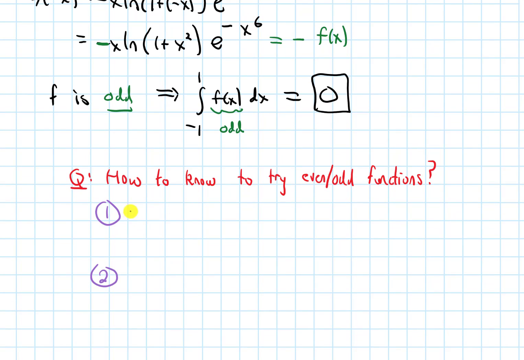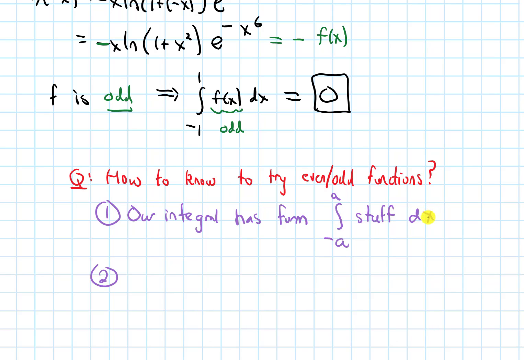The first tip is, if our integral has the form where it goes from negative a to positive a, a definite integral that goes from negative some value to the opposite of that, positive of whatever that number is, of some stuff, d, whatever the variable is, let's just say dx.